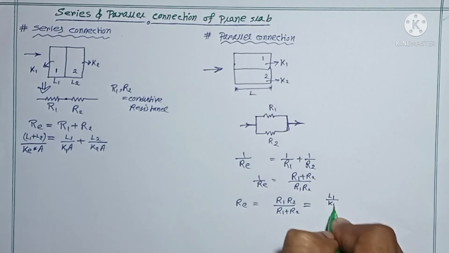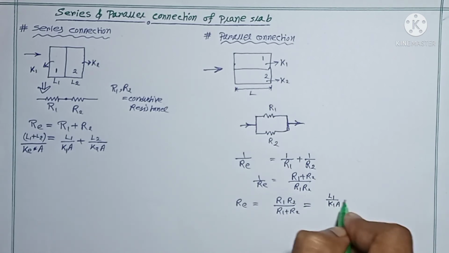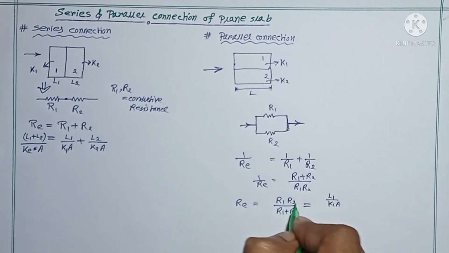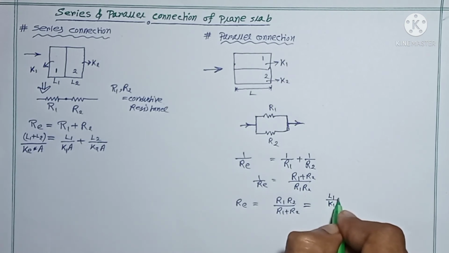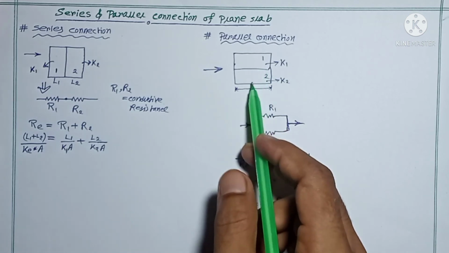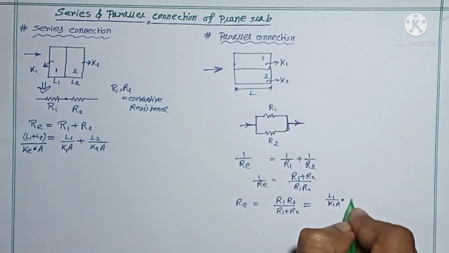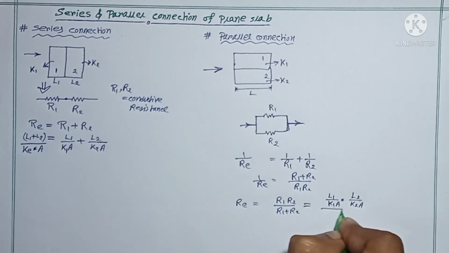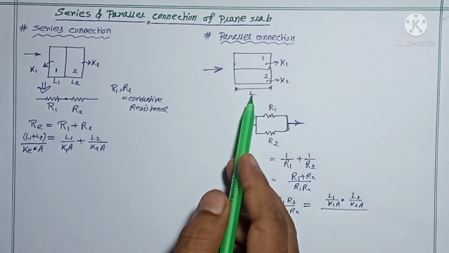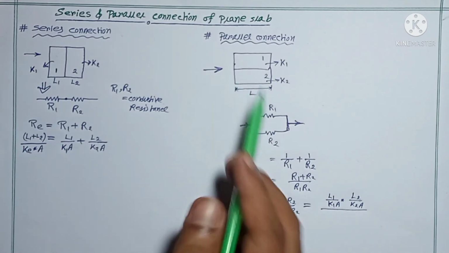So just simply put the values of R1 and R2: L1 by K1 A, into L2 by K2 A. Here L1 and L2 are basically the same, because the length we are taking for both slabs is the same. But in this case one thing you have to observe: the length is the same but the area may or may not be the same.